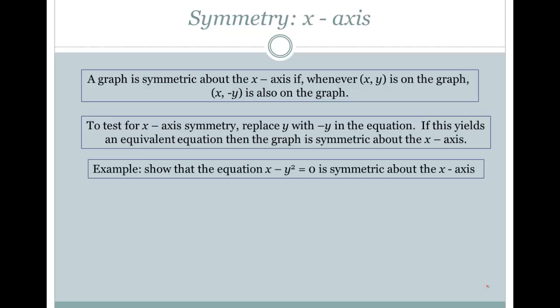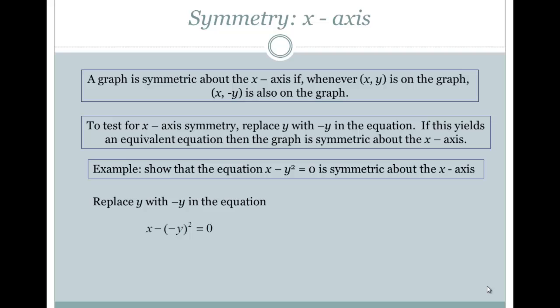I want to show that the equation x minus y squared is equal to 0 is symmetric about the x-axis. So what does that mean? That means that I first have to replace y with negative y. So if I do that, I get x minus (negative y) squared is equal to 0. Now let's look at this term here. This is really (negative 1) squared times y squared.